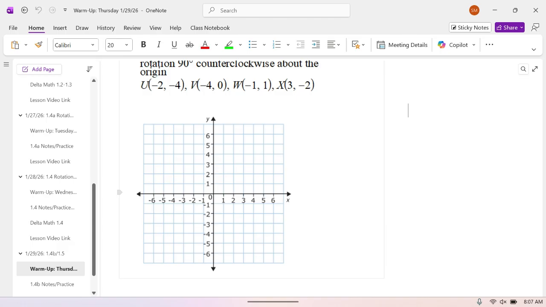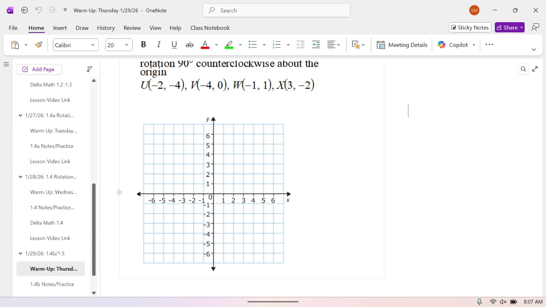Finally, X prime. Where's it originally? Quadrant 4. All right. Where's it going? Quadrant 3. Well, no. If it's in quadrant 4, you're going backwards. You went the wrong direction.